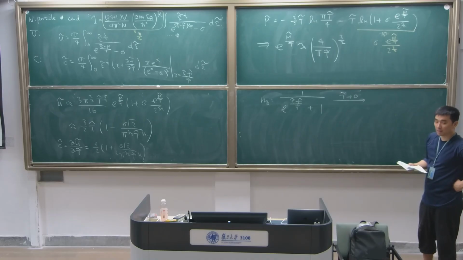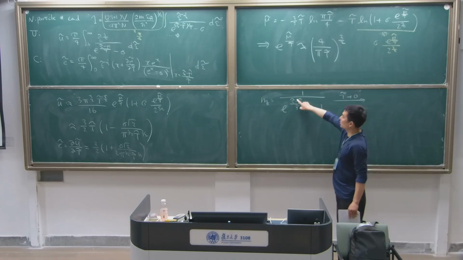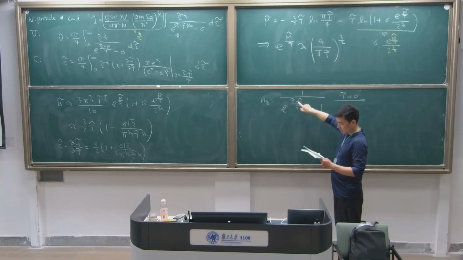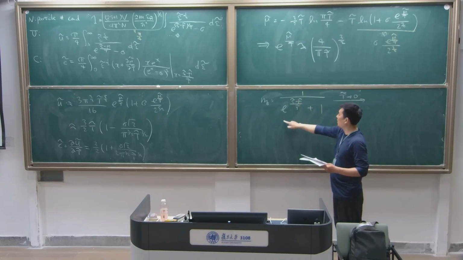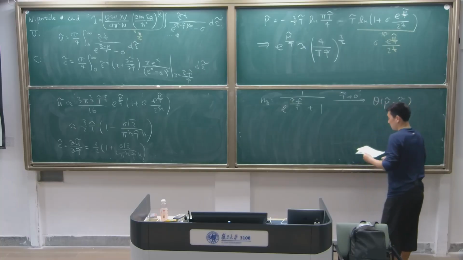If epsilon minus mu is positive, the exponent becomes infinity, so the distribution becomes 0. If it is negative, the exponential becomes 0, so the distribution becomes 1. Therefore this becomes a step at mu tilde.